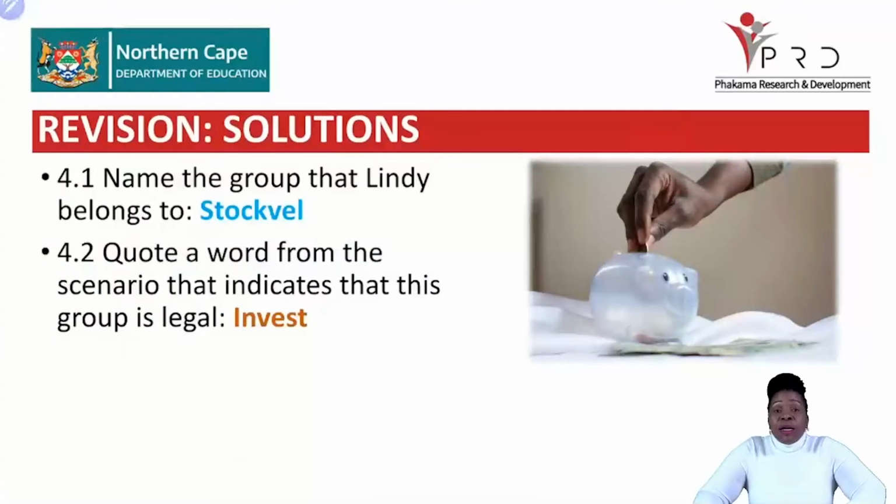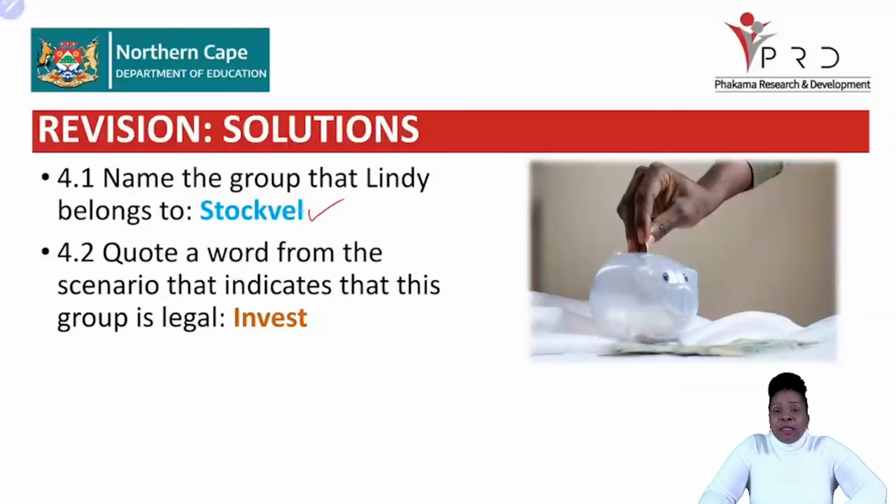Welcome back, learners. 4.1 says, name the group that Lindy belongs to. Lindy belongs to a stokvel. I'm sure we have actually defined what a stokvel is in our previous revision lesson. A stokvel is whereby a group of people contribute to a common fund.